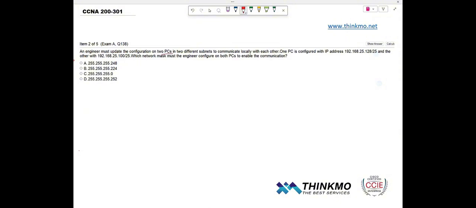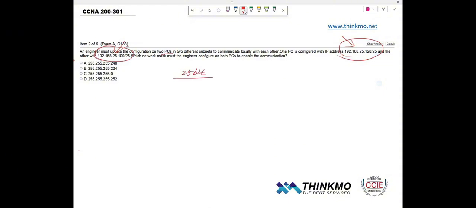It's too long, so I won't read it all. It mainly talks about making these 2 subnets communicate with each other, and what kind of subnet mask to configure for them. Actually, both of these are 25-bit masks. Now let's look at this.